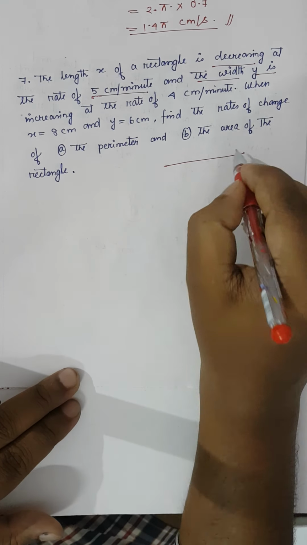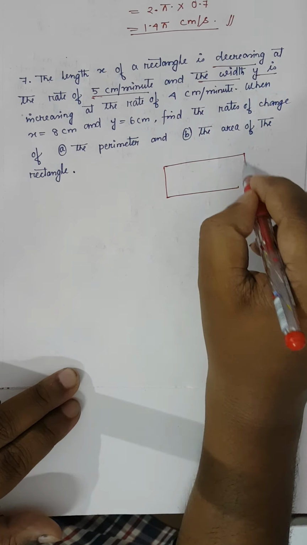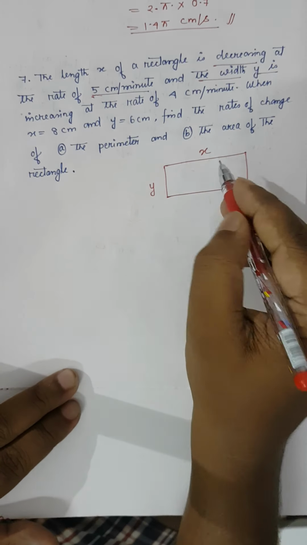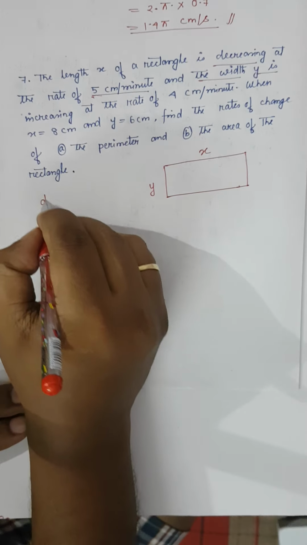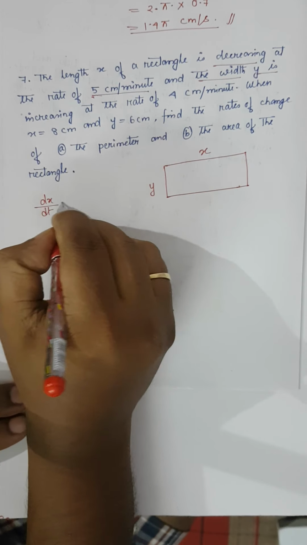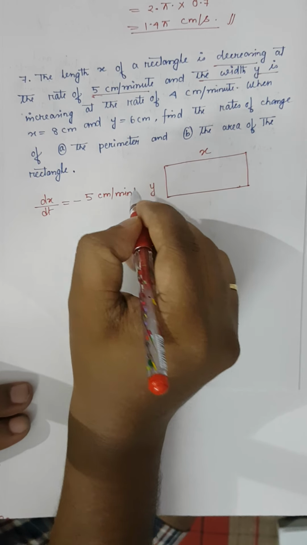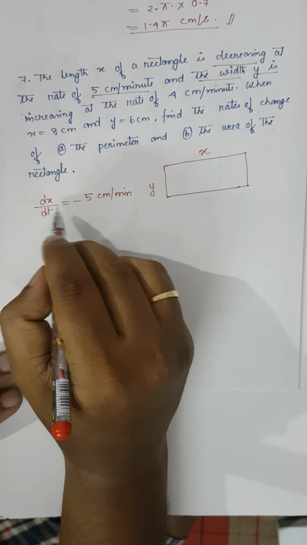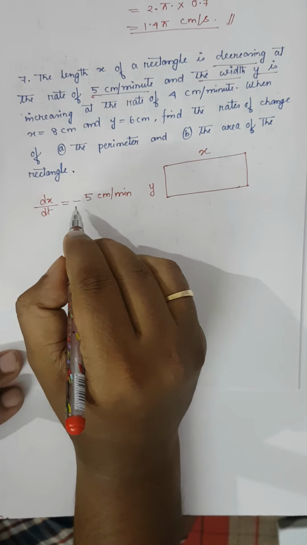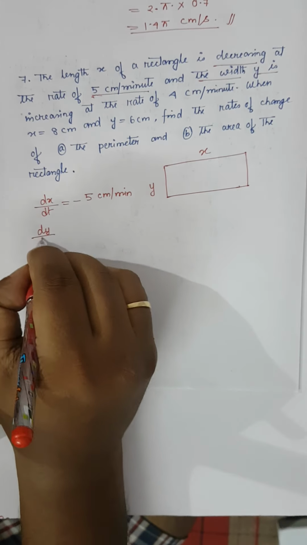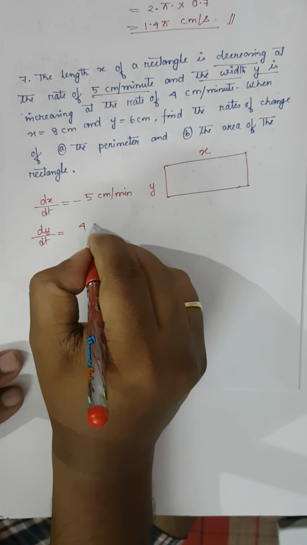See, this is your length x, this is your width y. Now you are given that dx by dt is equal to minus 5 centimeter per minute. You are given that the length of the rectangle is decreasing at the rate of 5 centimeter per minute, and dy by dt is equal to 4 centimeter per minute.